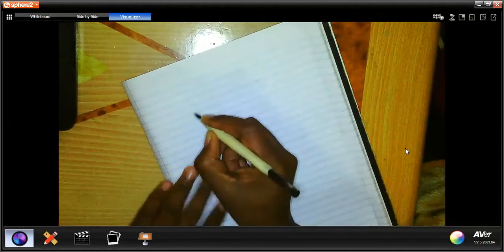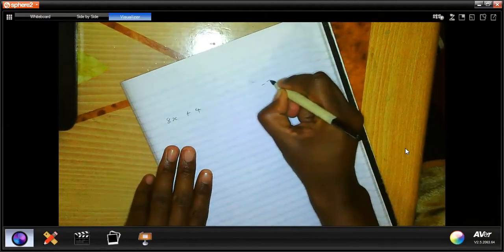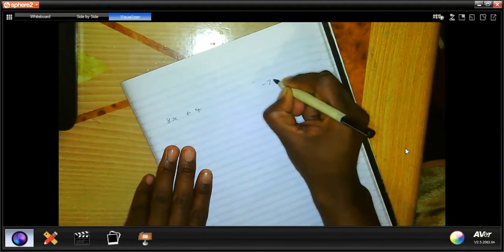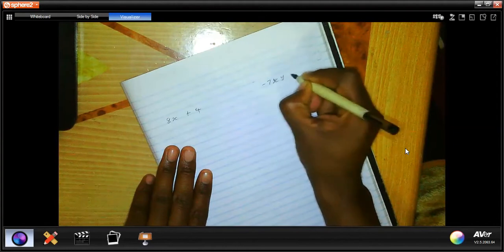This means that if you have 8x plus 4, and then here you've got negative 7xy plus 8.